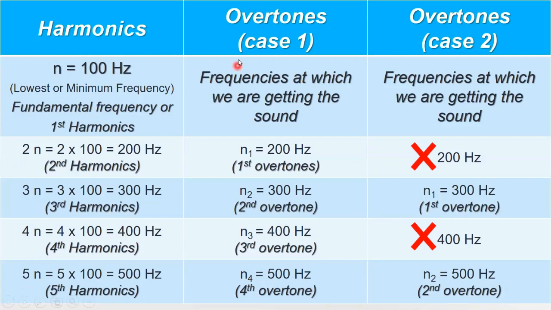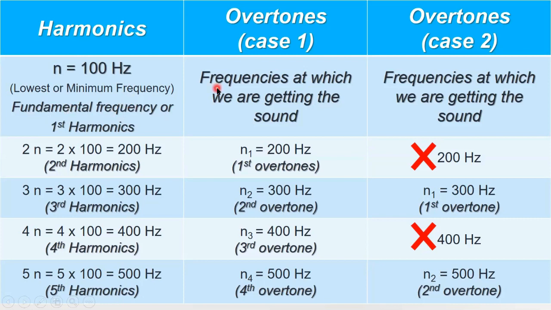Now what is overtone? Overtone is nothing but the frequency present in a given sound that is greater than the fundamental frequency. The fundamental frequency here is 100 Hertz. It is the lowest or minimum frequency, and we are calling it the fundamental frequency.